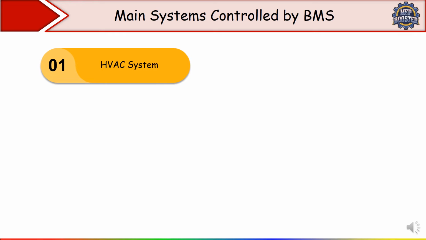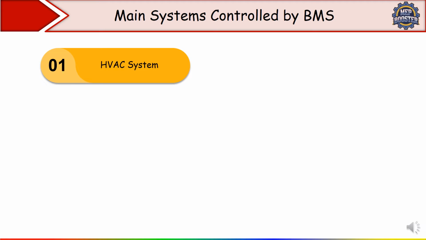Now we'll see the main systems controlled by BMS. BMS integrates, monitors and controls multiple building services to ensure safety, energy efficiency, comfort and centralized operation. The major systems BMS controls include, first of all, the HVAC system, meaning heating, ventilation and air conditioning.